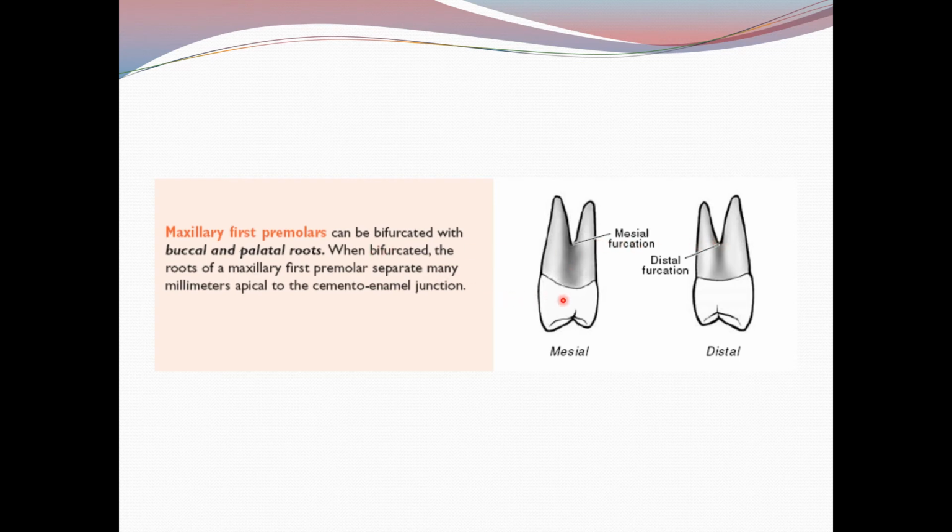We have to take into consideration that the furcation of the maxillary first premolar is located many millimeters apical to the cemento-enamel junction. That means it has a long trunk.